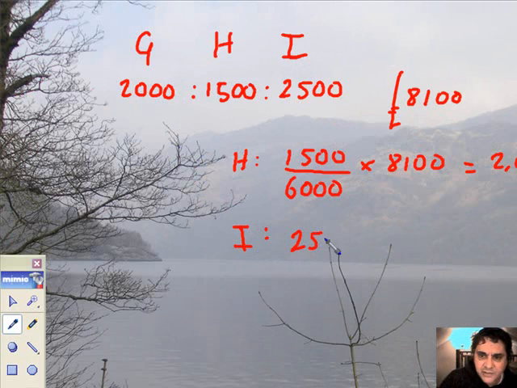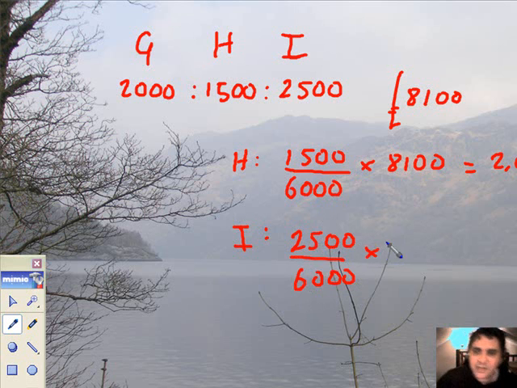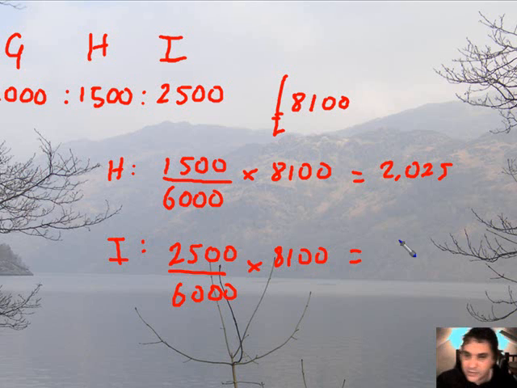So Izzy's going to get 2500, this fraction of the 6,000 shares, this proportion of 8100. Let's do her now. So 2500 divided by 6,000, multiply that by profit 8100, and she's going to take £3,375, and the question says how much more does Izzy receive?